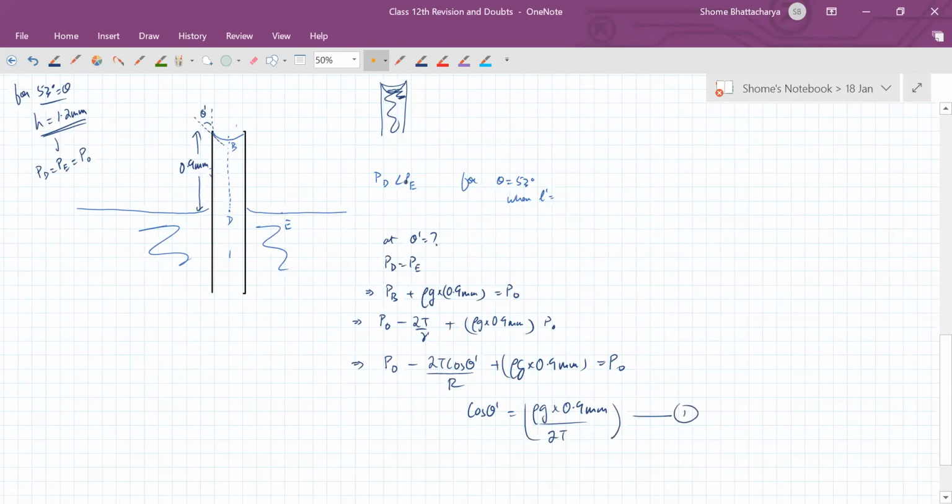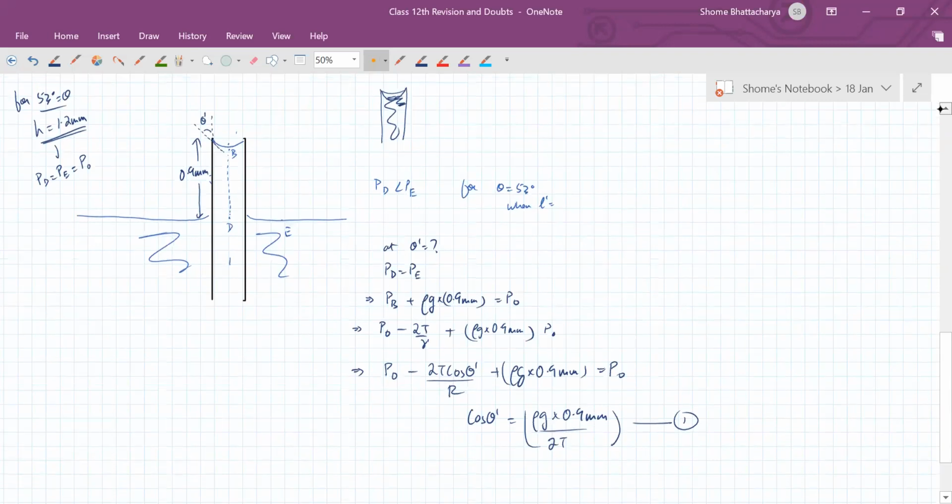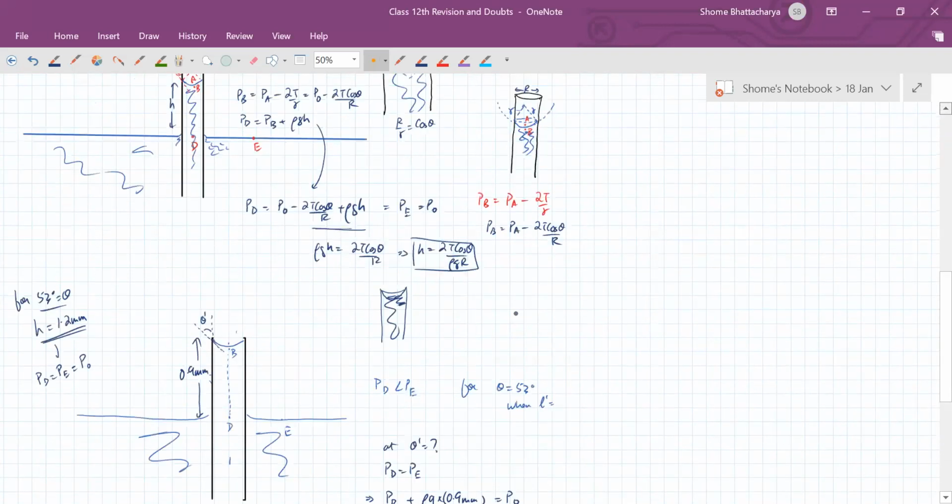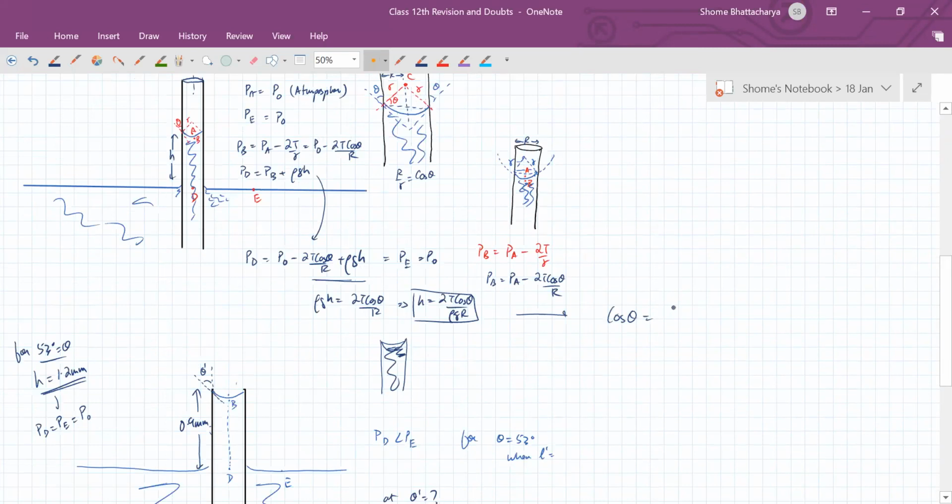Whereas the original data was showing us this: cos theta, which was cos 53 degrees, was equal to rho g r into 1.2 mm divided by 2T.